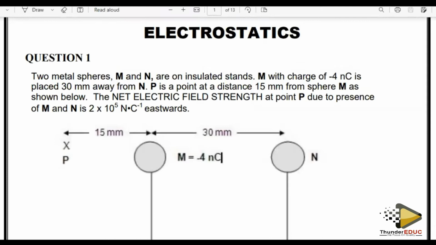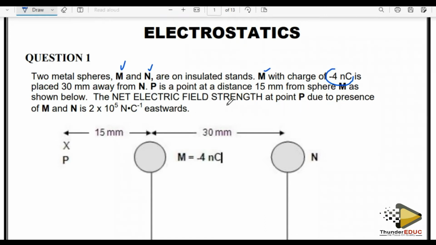All right. So question number 1 is telling us if we have 2 spheres, M and N, on insulated tanks. M has a charge of negative 4 nanocoulomb and is placed 8 millimeters away from A, is a point that is K, and so on and so forth.